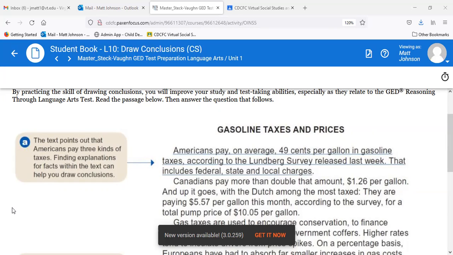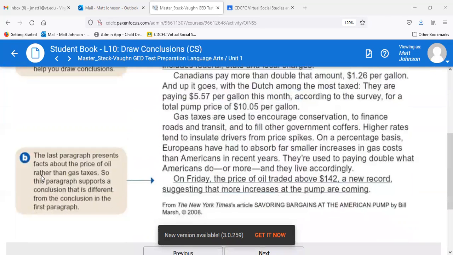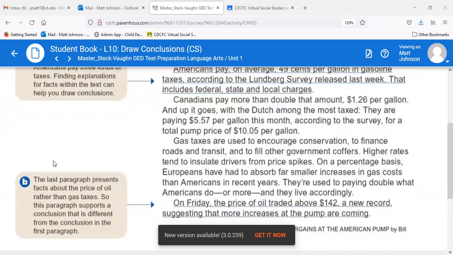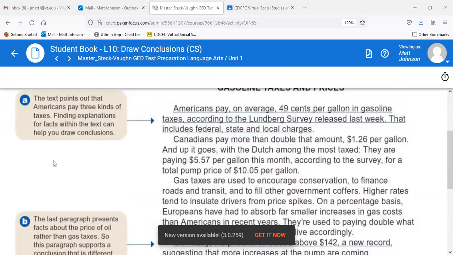And also, it includes federal, state, and local charges. And then B, the last paragraph presents facts about the price of oil rather than gas taxes. So this paragraph supports a conclusion that is different from the conclusion in the first paragraph. So that's something to also take note, right? Your ideas are going to start getting more complex.